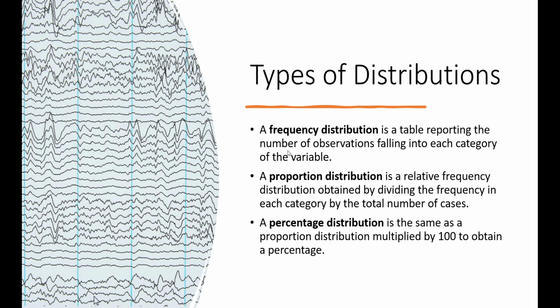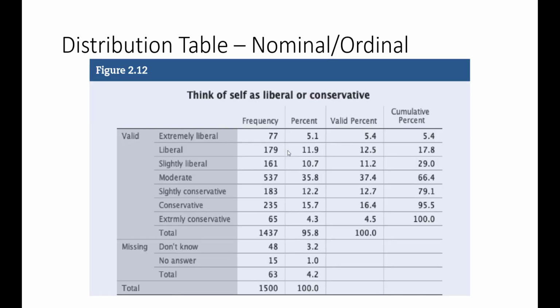Let's look at some examples of these. Alright, so first here we have a distribution table that is for nominal or ordinal data. This example here is actually ordinal level data, but it's going to be the same if it's nominal or ordinal.